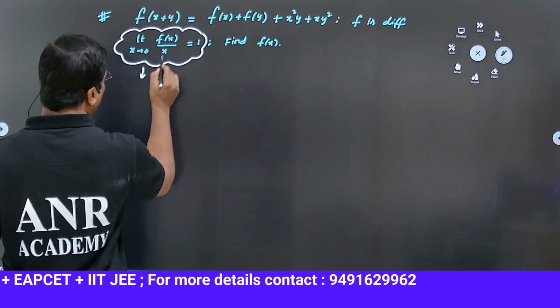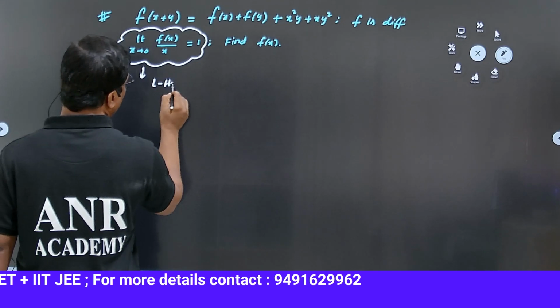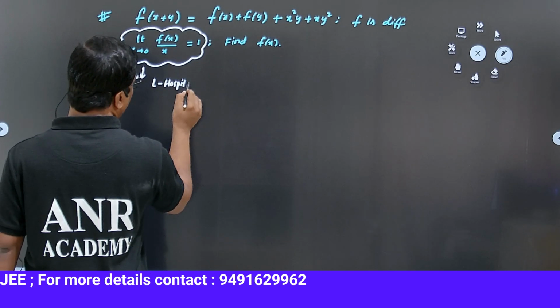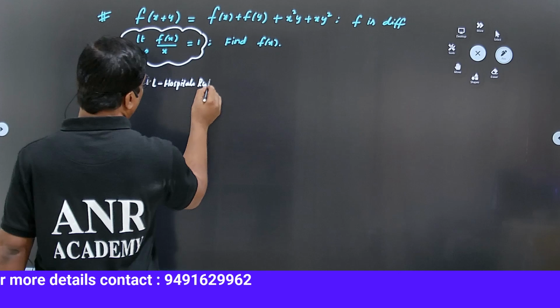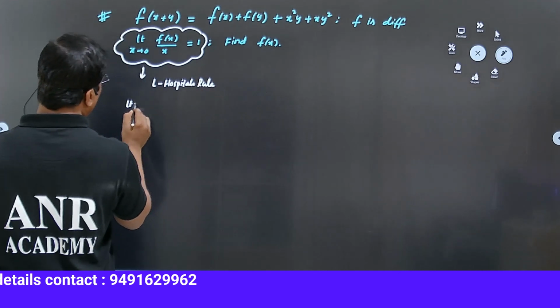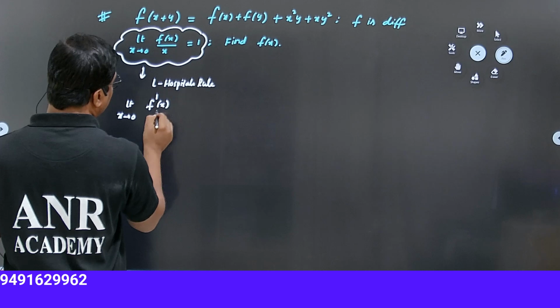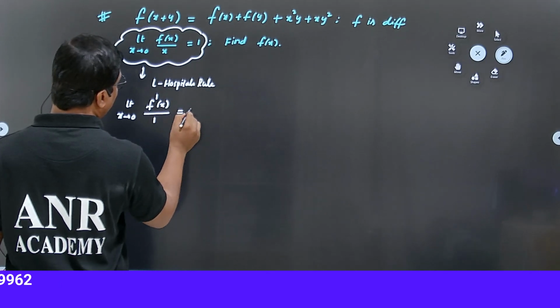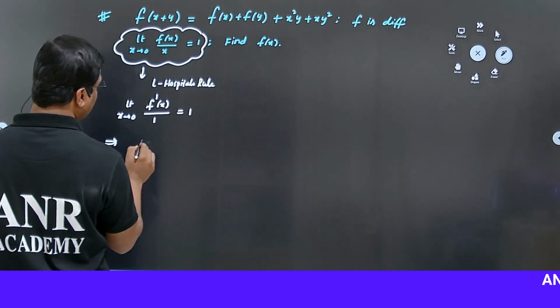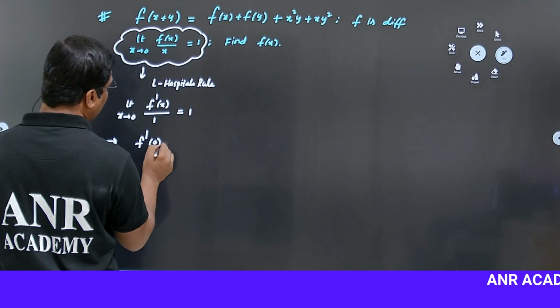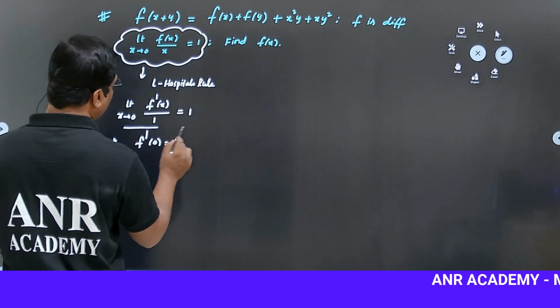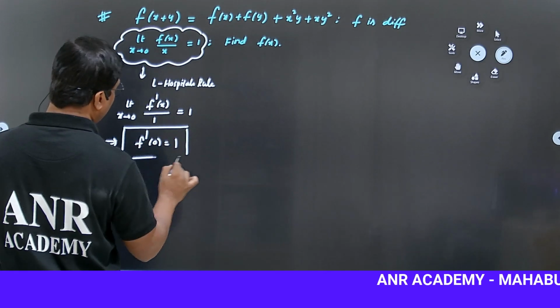So applying L'Hopital's rule, we get limit x tends to 0, f dash of x divided by 1 equals 1, which implies f dash of 0 equals 1.